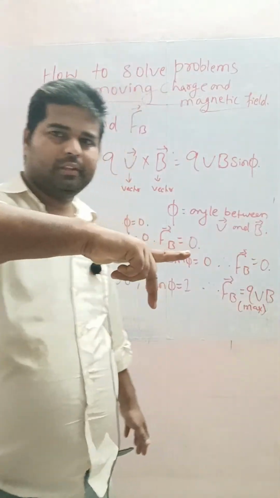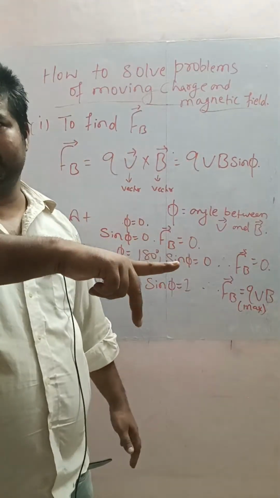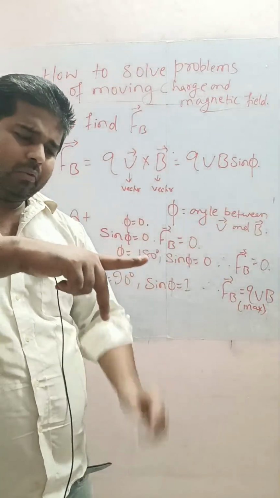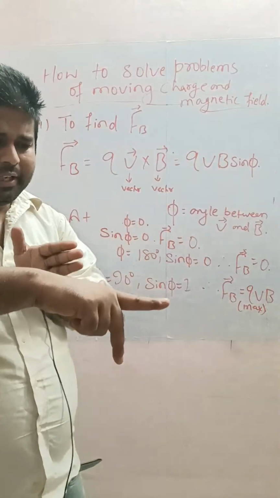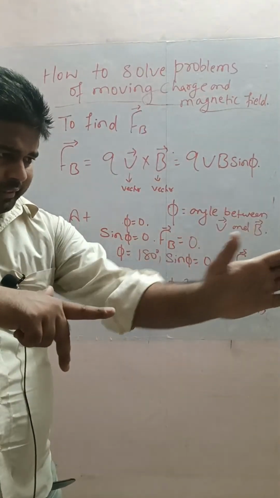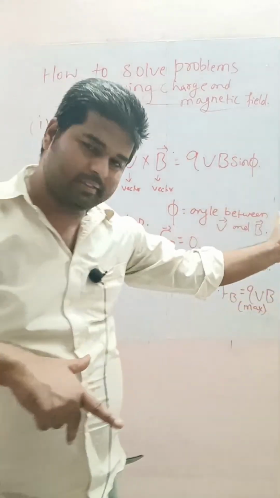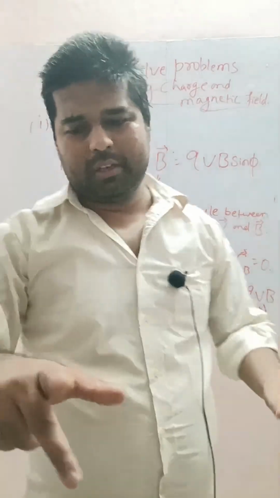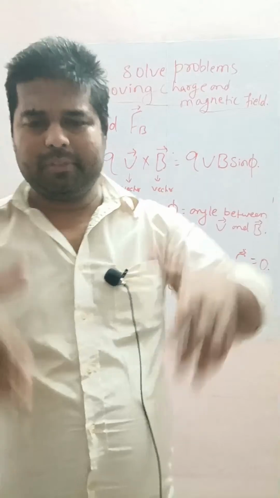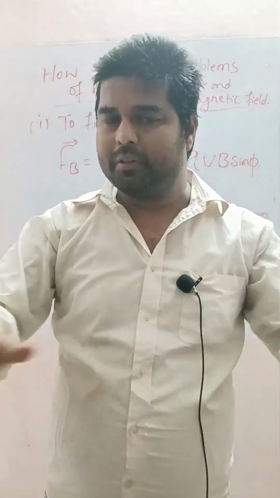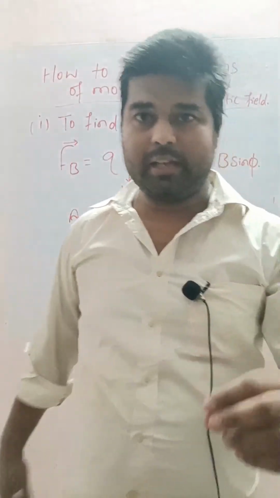Is it visible? Charge is moving in this direction, magnetic field is downward, the force will be in this direction. Means the charge which is moving in this direction will get a deflection in this direction. Understood? Similarly, if magnetic field is downward and the charge is also moving downward, it will feel no force because the angle is 0.